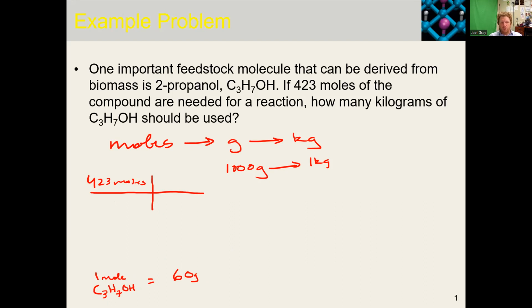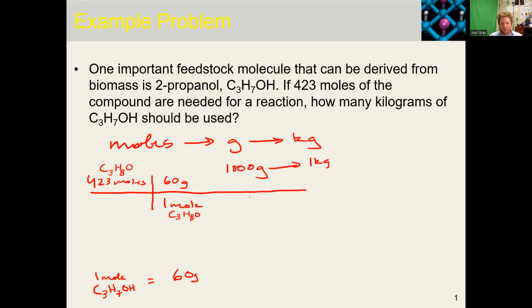Now I'm going to use this 423, and do what's called dimensional analysis: 423 moles on top, 1 mole on the bottom. This is in reference to C3H8O; I'll call it that because there are 8 hydrogens. C3H8O is 60 grams.